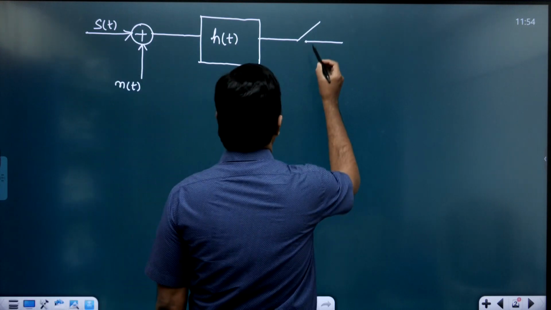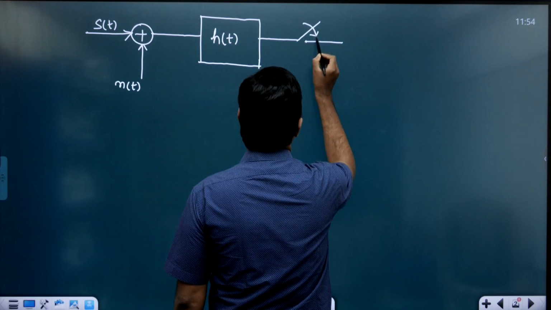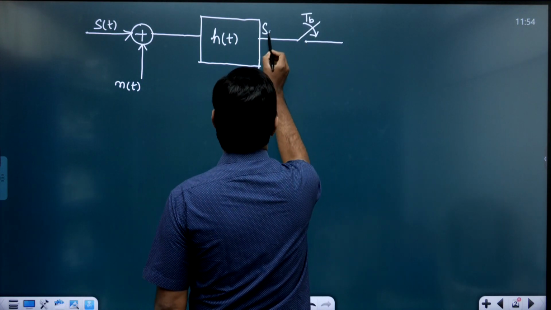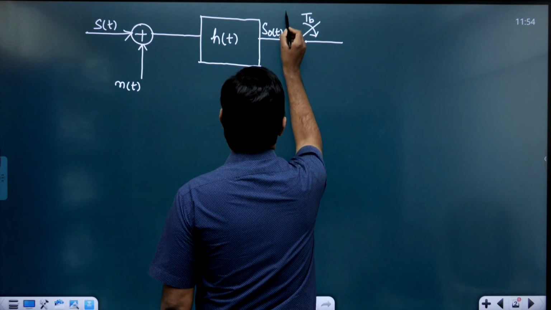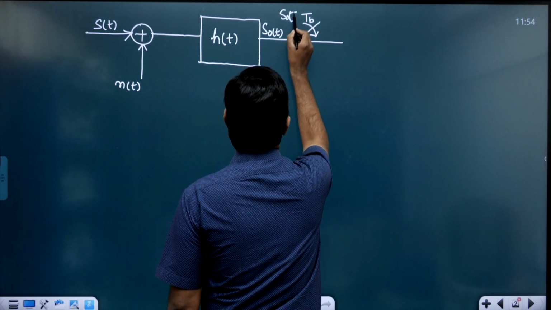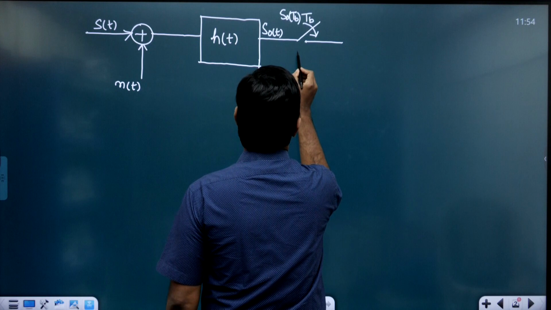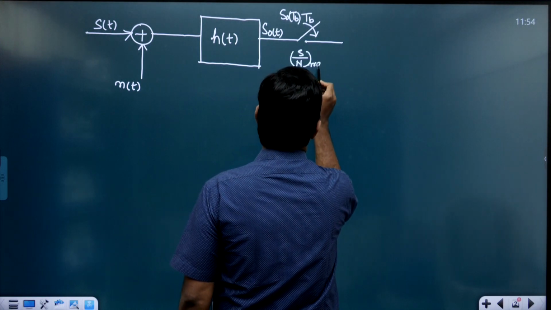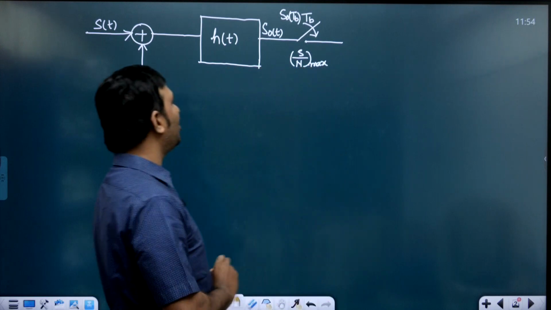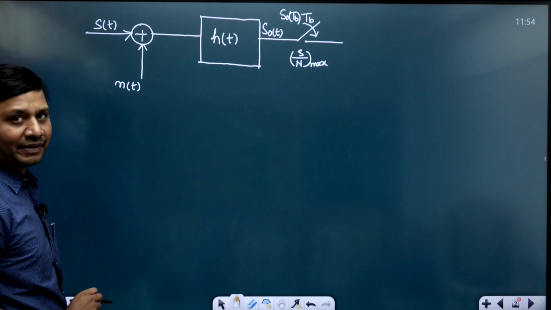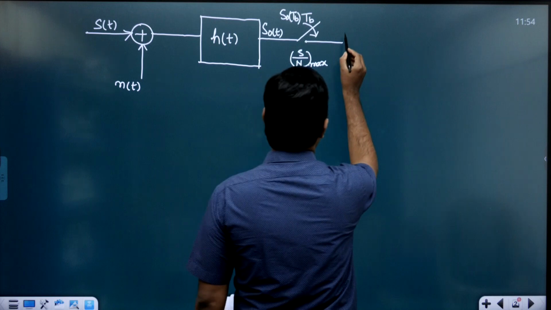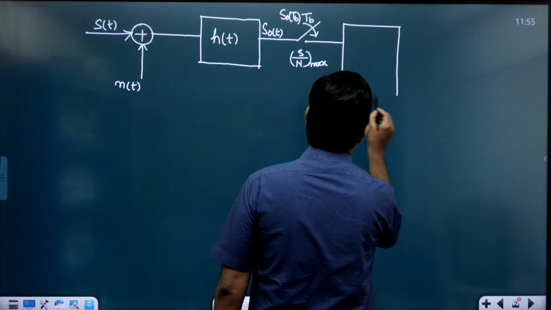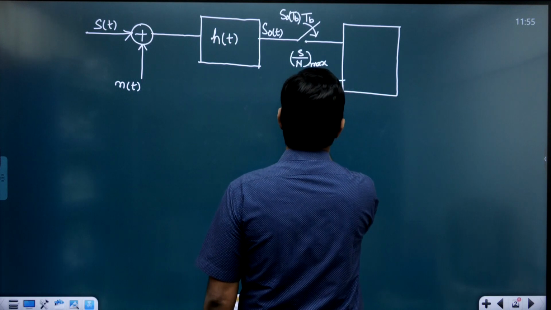Now the sampling is done at TB. This is s0(t), I am assuming, so sampling gives s0(TB). The signal to noise ratio must be maximum at the output of the matched filter, and this sampled value is given to the threshold comparator, supplied with a threshold voltage VTH.